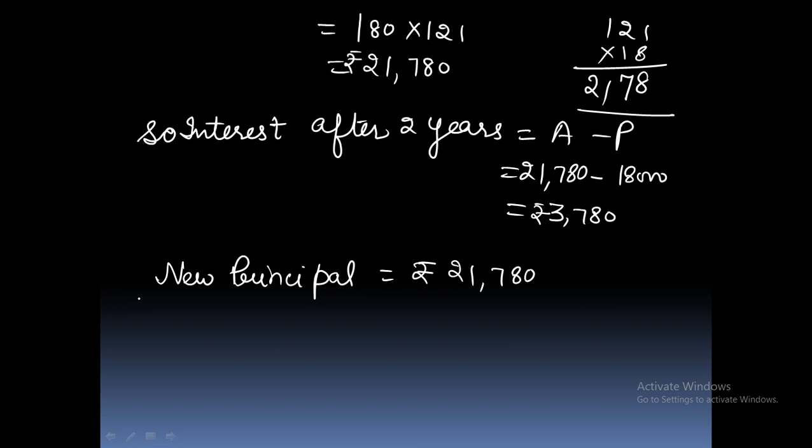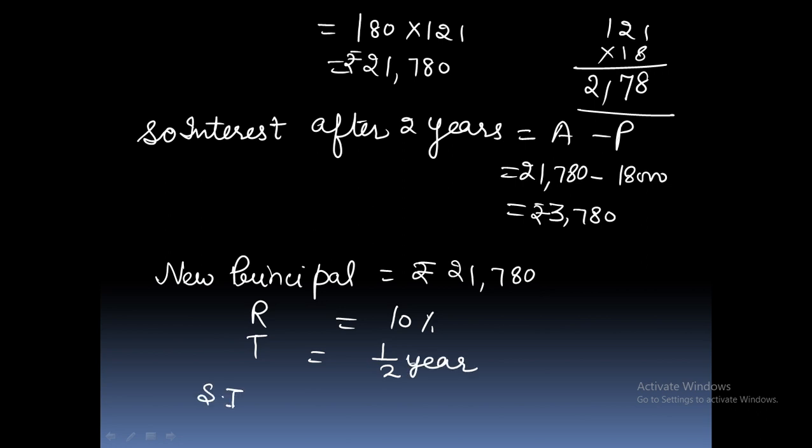So after 2 years the amount will be rupees 21,780. That's why we use here a new principal amount, rupees 21,780. The rate of interest is the same, and the time will be taken as half year.